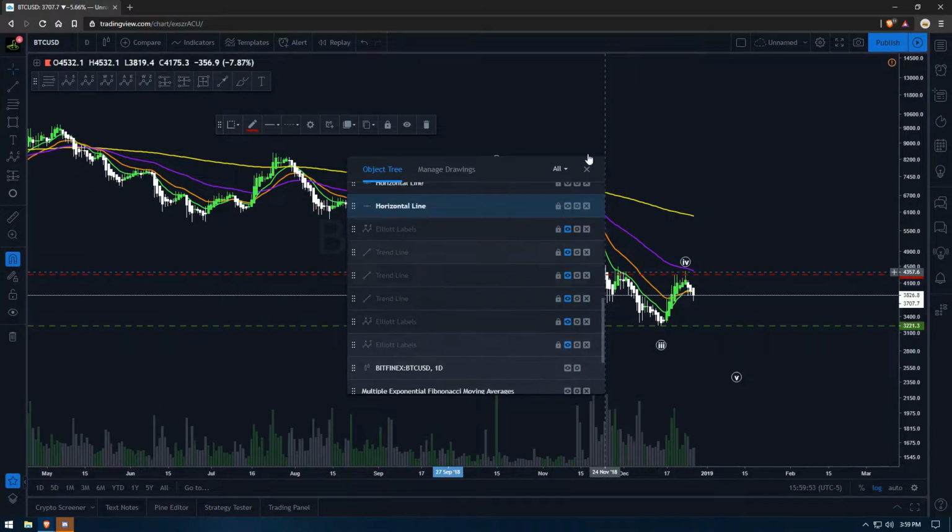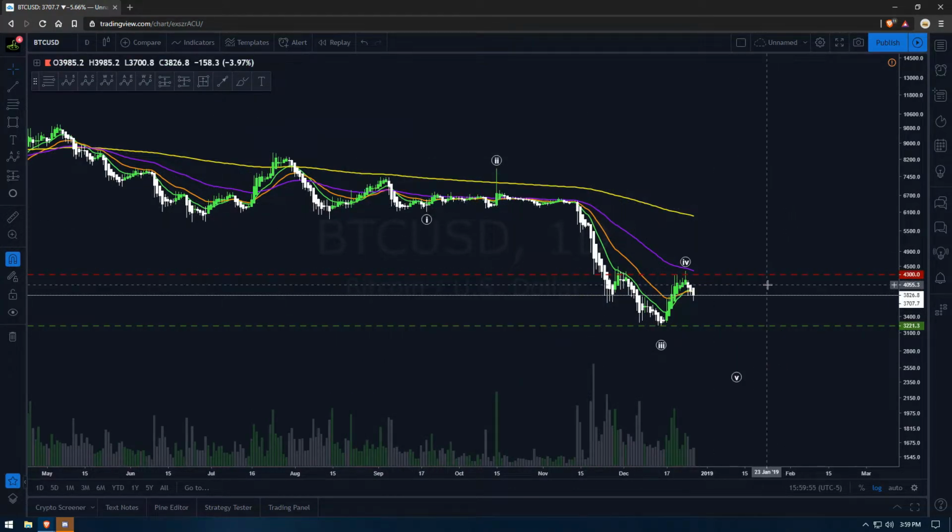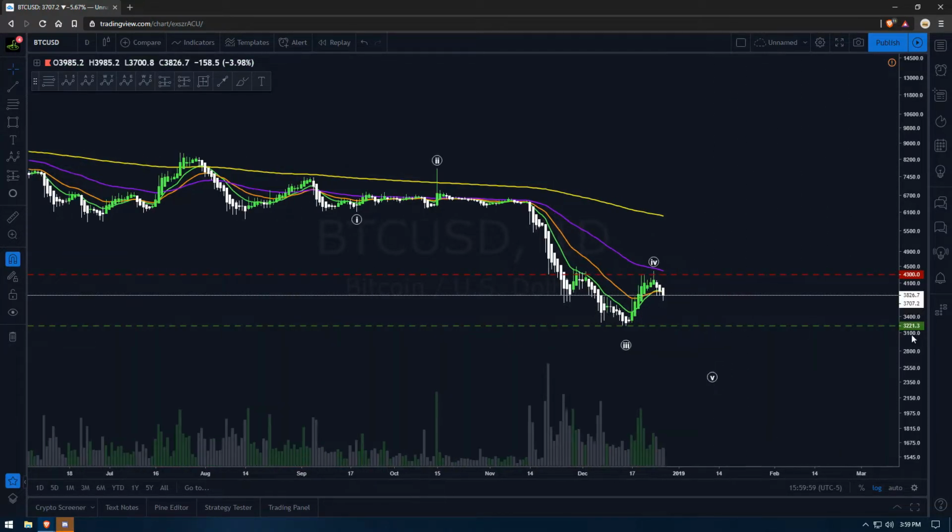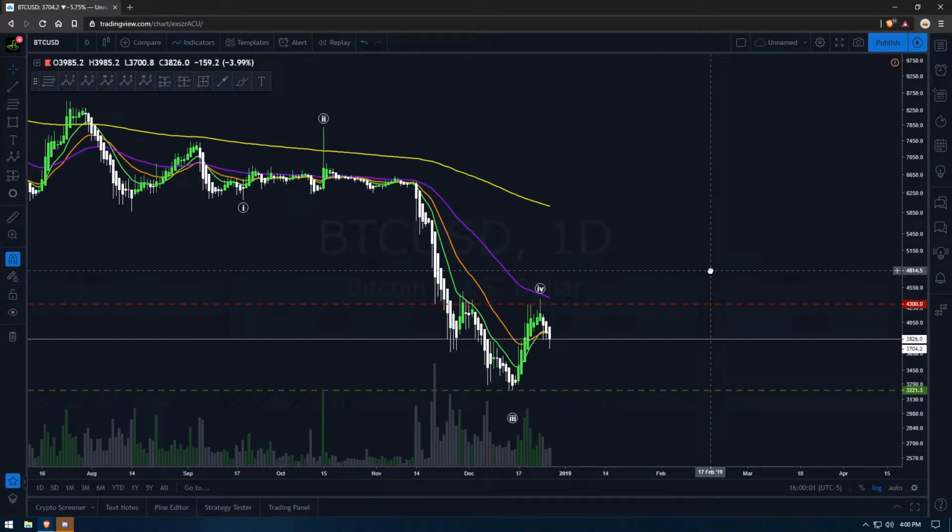Okay. So with just this wave that I have measured right now, this is basically how things work. Given what I just explained, the ratio for wave 2 is always related to wave 1. It's either 50% or 61.8% of wave 1.